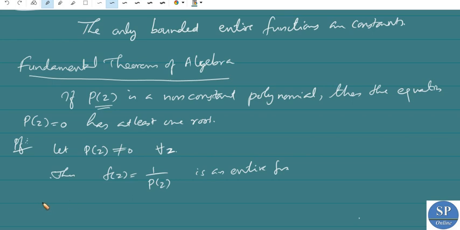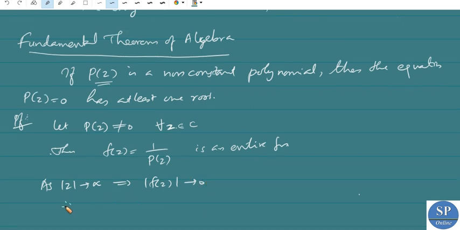Now, since f of z is equal to 1 by p of z, as mod z tends to infinity, mod f of z tends to 0, because p of z is not equal to 0 for any z in the complex plane C. That means this function f of z is bounded for any finite z. Therefore f of z is an entire function and f of z is bounded.